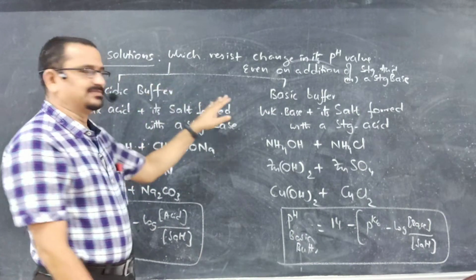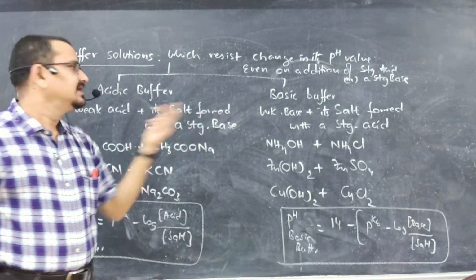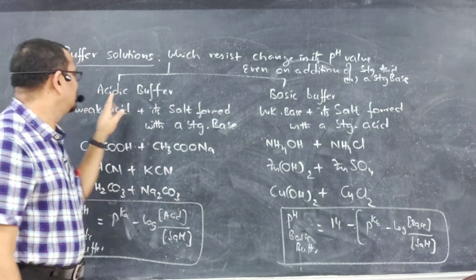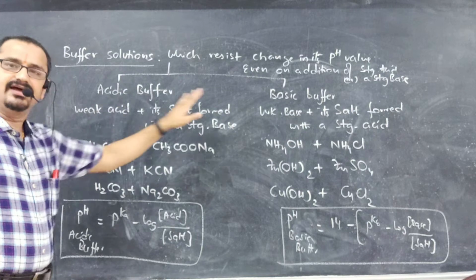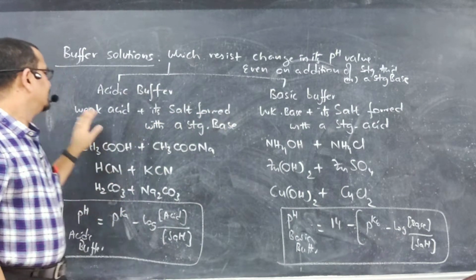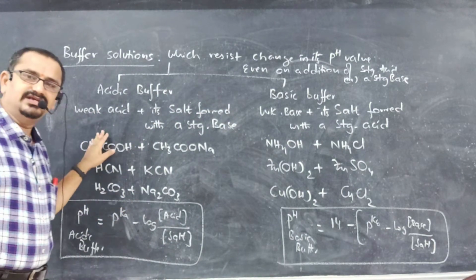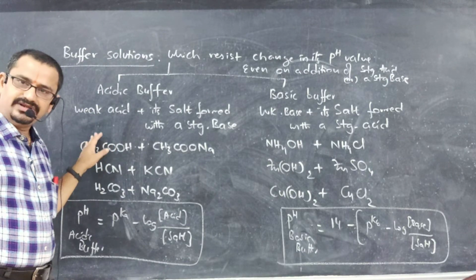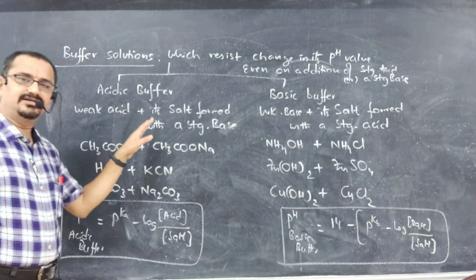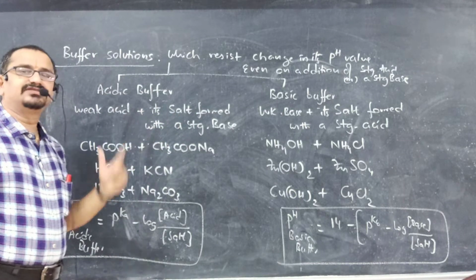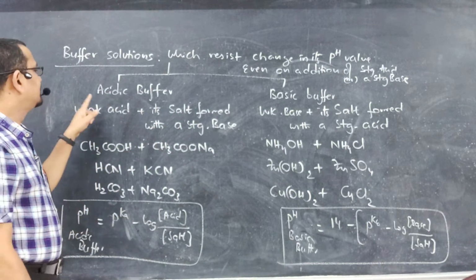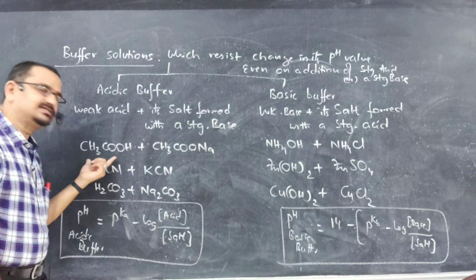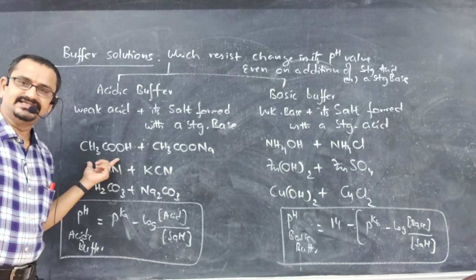Basically, it is of two types. Other types are also there, but as per the syllabus limitations, we have to discuss acidic buffer and basic buffer. An acidic buffer is a combination of a weak acid and its salt formed with a strong base. Suppose the weak acid is CH3COOH.